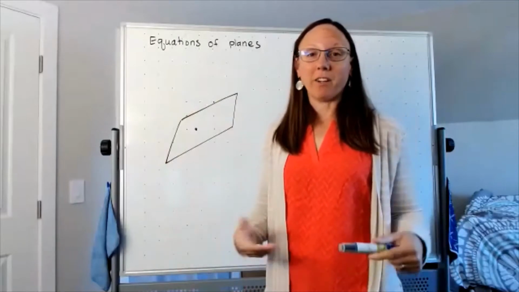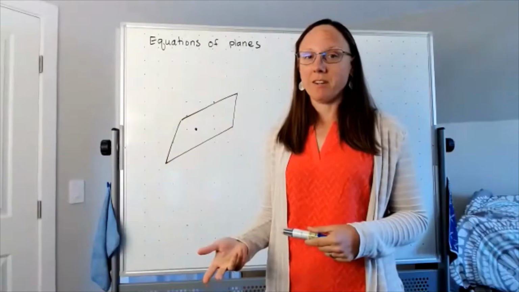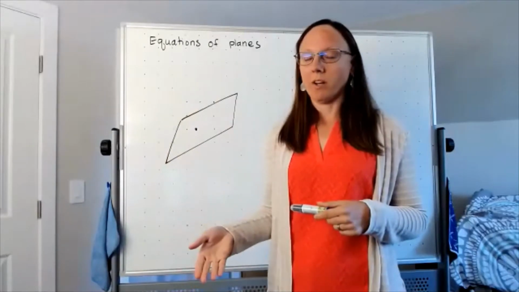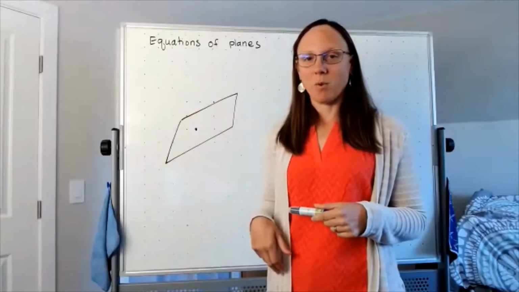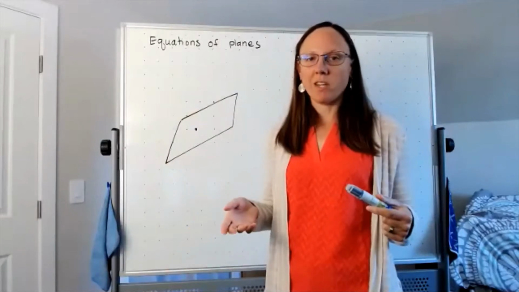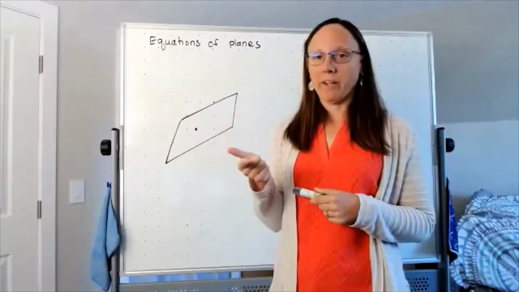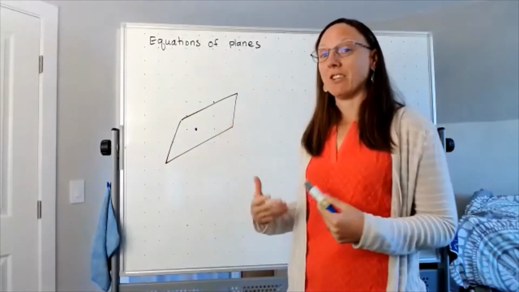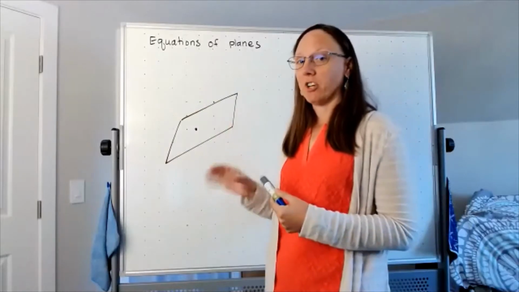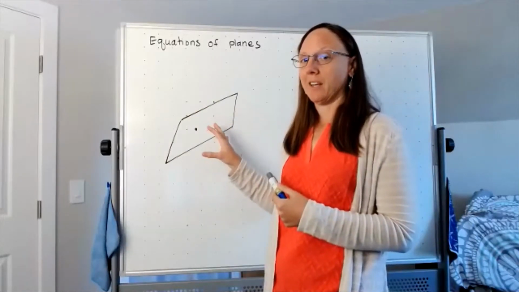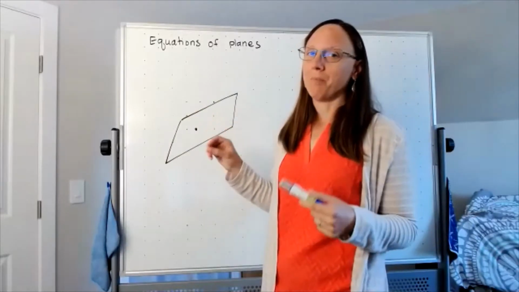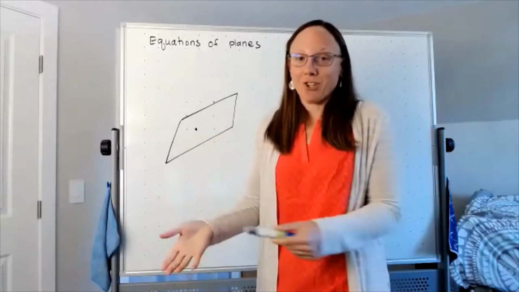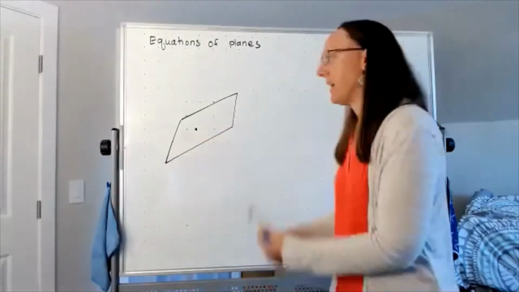So when we're talking about a line in 2 dimensions, like y equals mx plus b, or y minus y1 equals m times x minus x1, either way for both of those, I need a slope and a point. And what's a little bit different with our plane is we're going to define the direction by a vector that's normal to the plane. Normal meaning orthogonal to the plane, meaning perpendicular to or at a 90-degree angle.